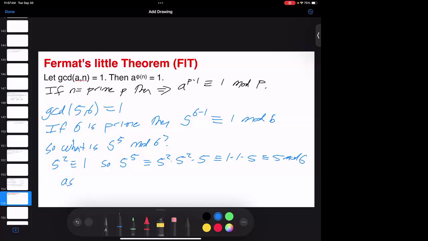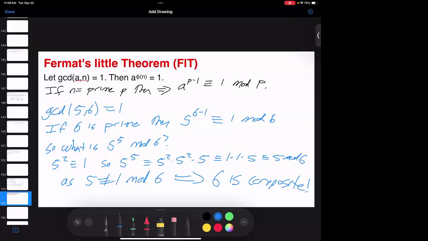As 5 is not equivalent to 1 mod 6, what do we do to that? We just proved that 6 was composite without constructing factors.